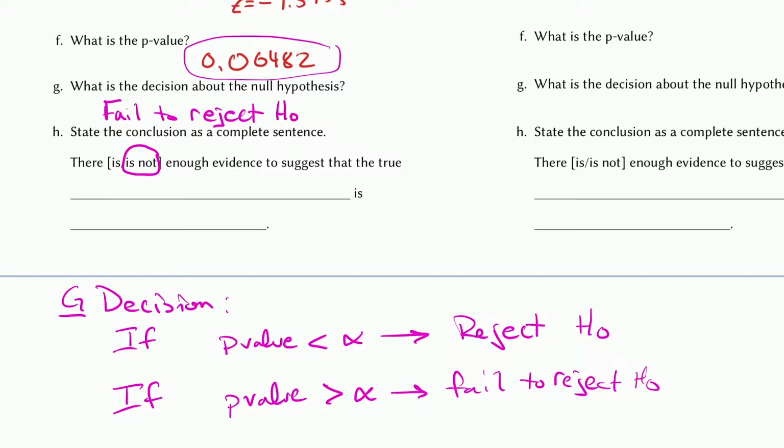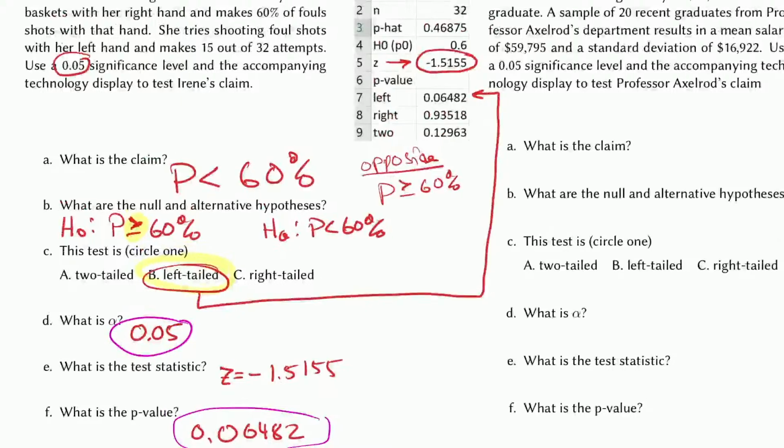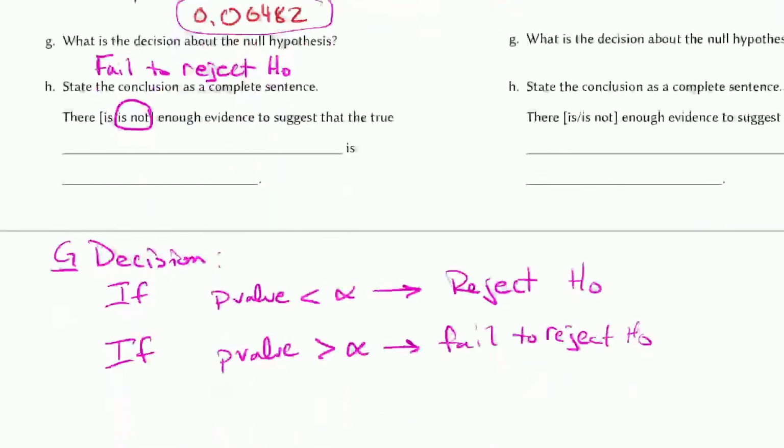These two are the only places I want to see words. I don't want to see words up here with the claim. Don't do it. It is painful for me to have to read words, and you don't want me to feel pain, because if I'm happy, then I give you higher grades. Okay, so this is generally how your sentence is going to look: there either is or is not enough evidence to suggest something.